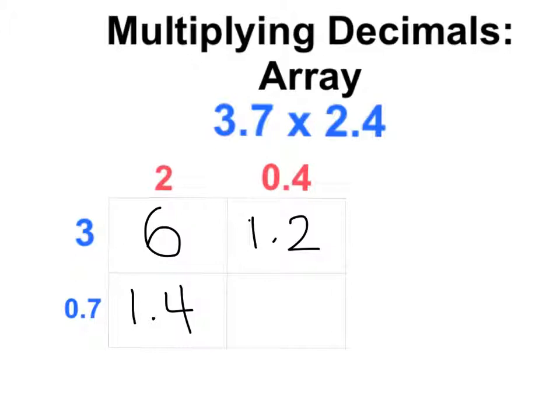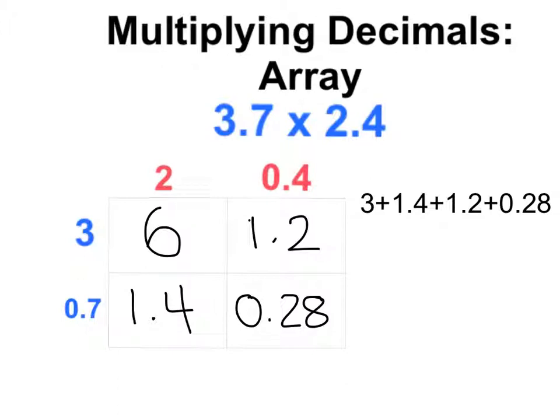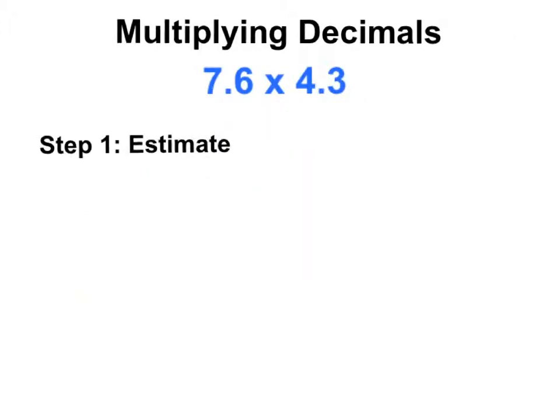And lastly, 4/10 by 7/10, which would be 28/100. When I add the product in each of the arrays, it gives me a product for 3 7/10 by 2 4/10 of 8 88/100.